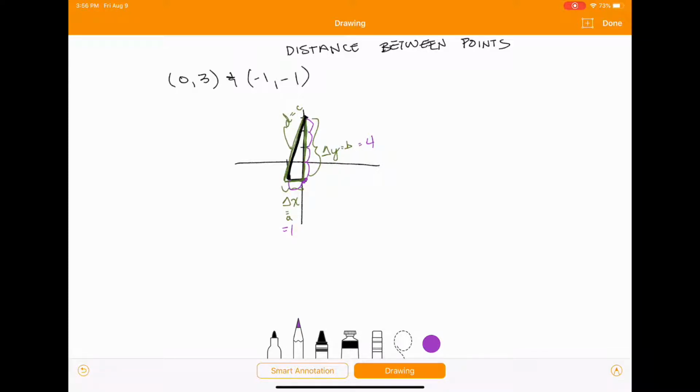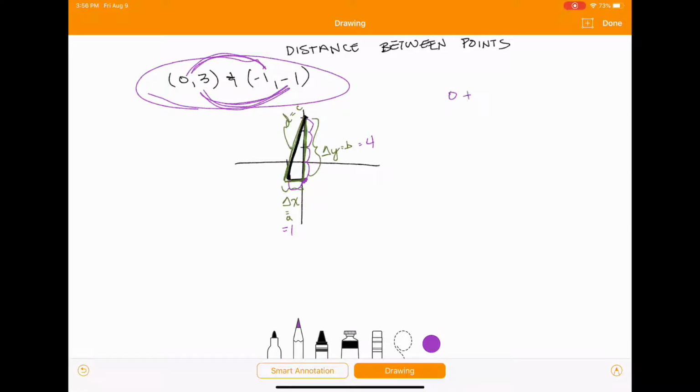Now, another way you can do that is by using these points right here. So it's just going to be the change in your x values and then your change in your y values. So again, that's going to be total distance. And so all this is going to be positive.